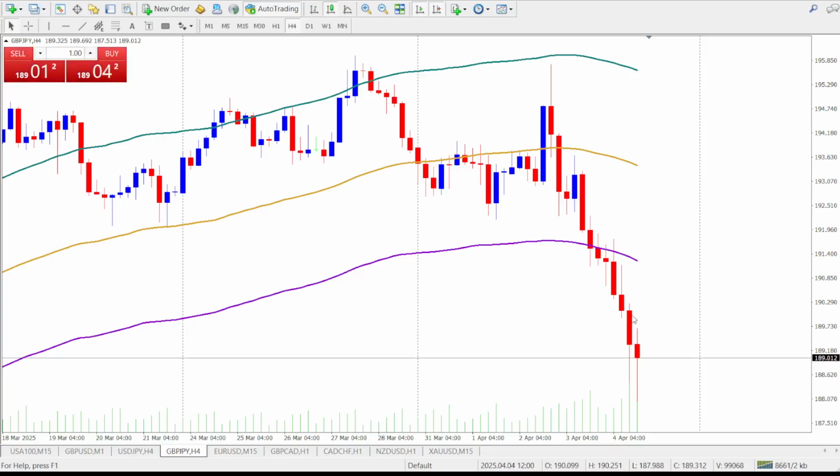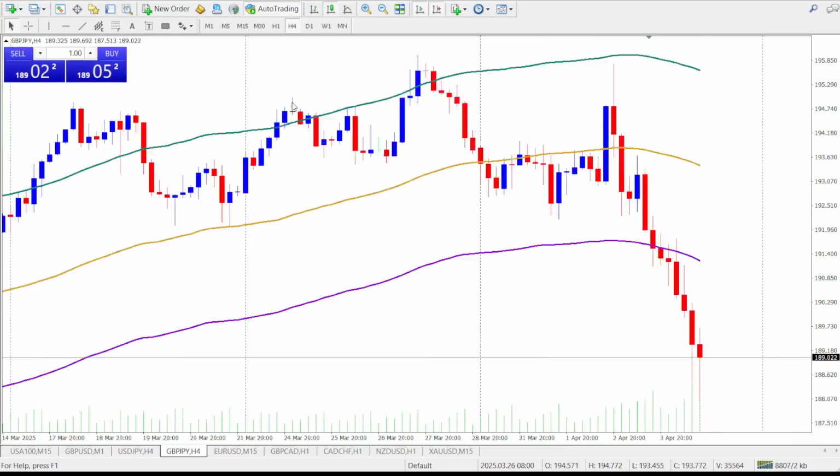Essentially, it shows you how much price is moving, helping you identify periods of low or high volatility. One of the main features of the ATR bands is that it expands and contracts depending on the volatility of the asset. When the market is calm and there is low volatility, the bands will contract.